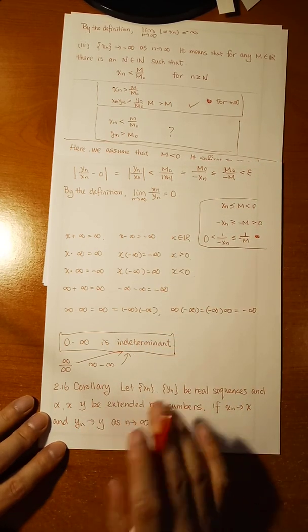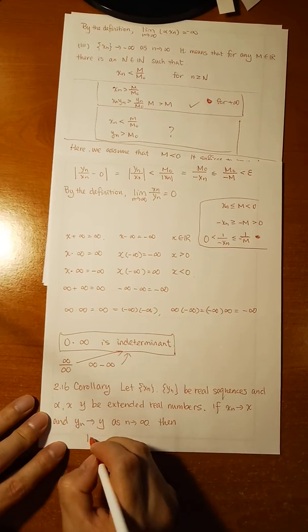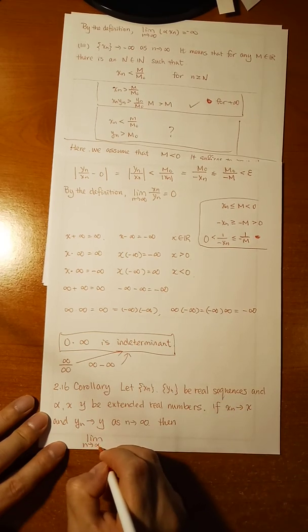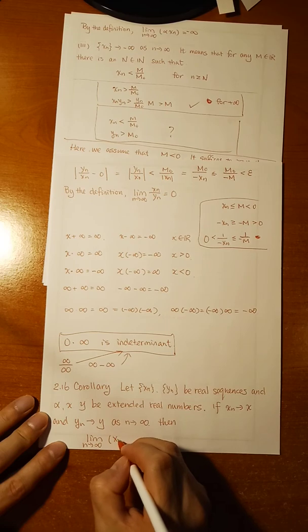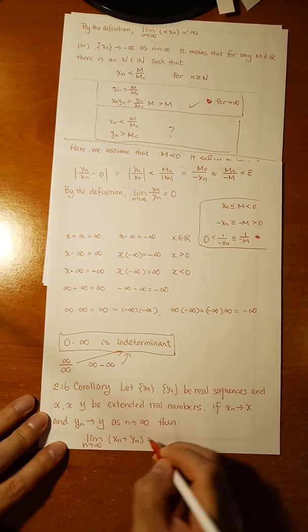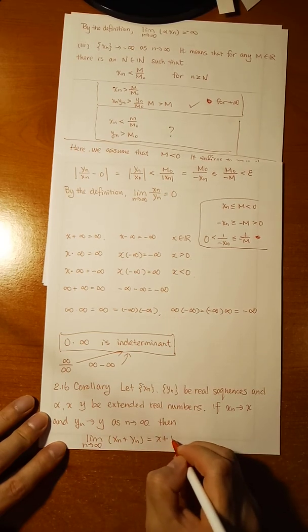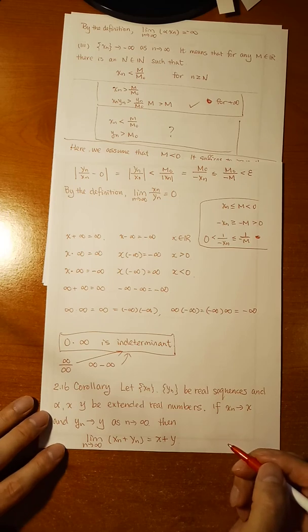So there's no negative infinity here. Then the limit as n approaches positive infinity of xn plus yn is equal to x plus y.